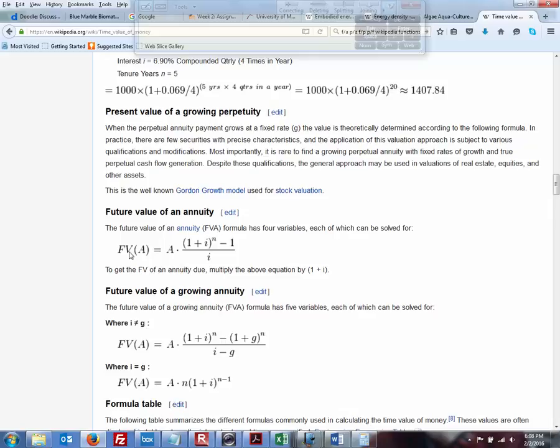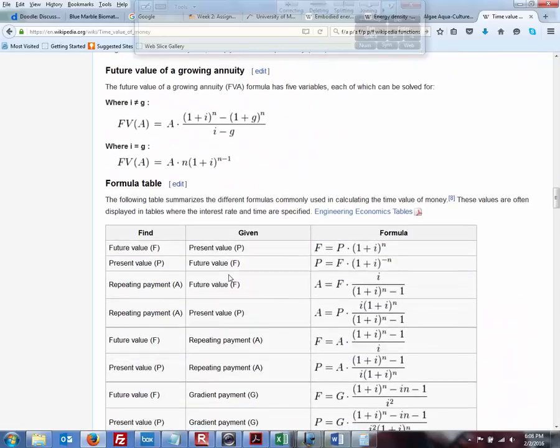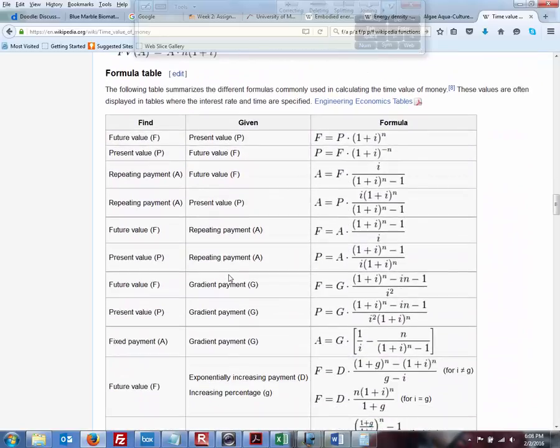You just got to figure out how to plug that in. Don't use the growing annuity, just use the annuity. Oh, they're all right here. Wikipedia, time value of money.